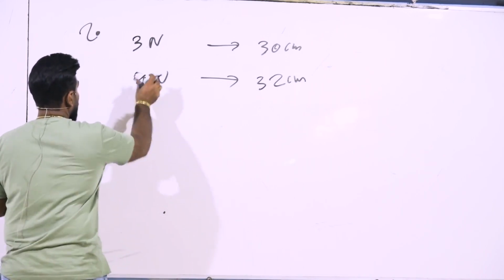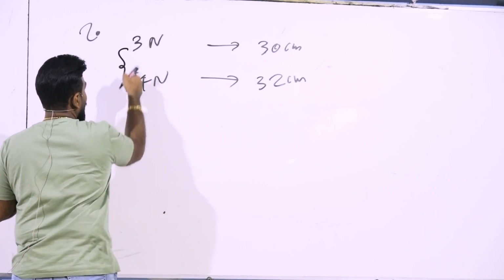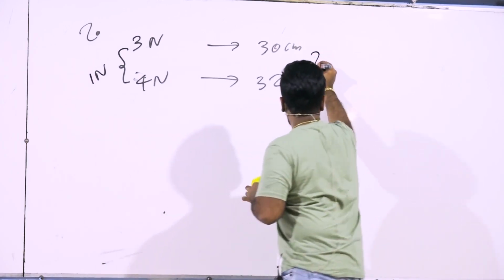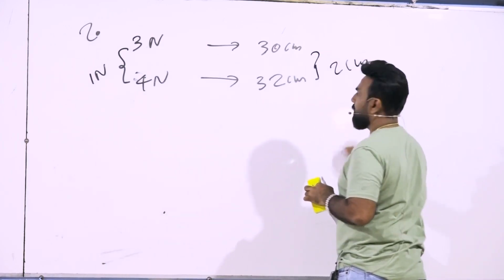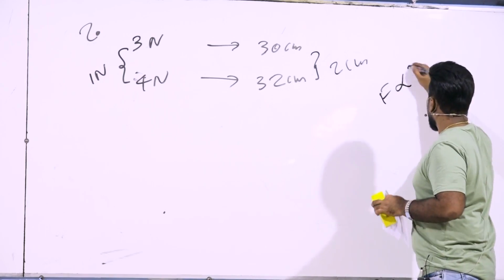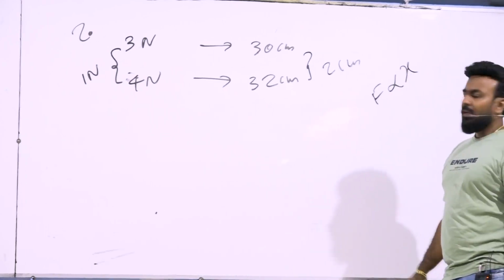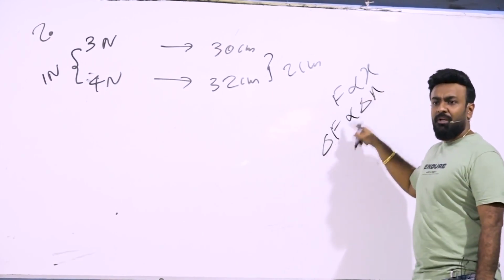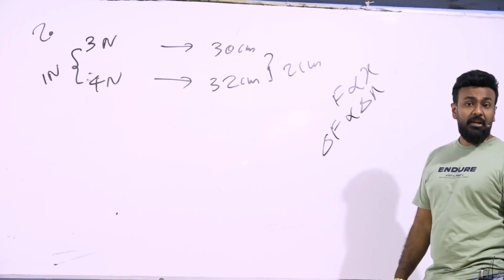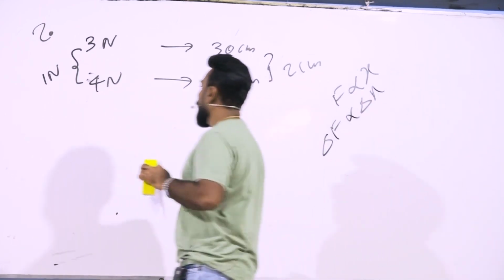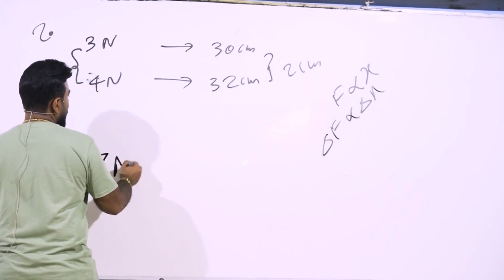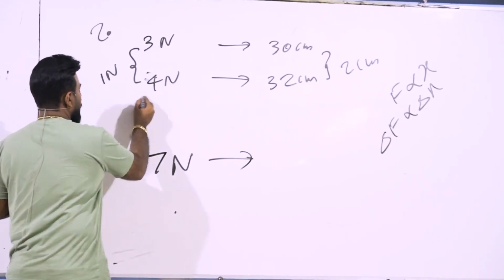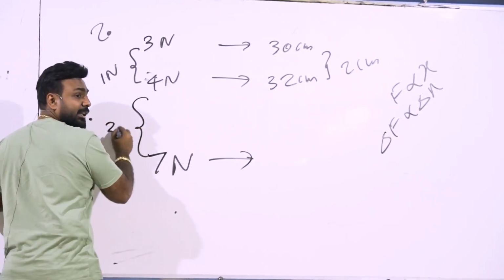Can you see here to here, what is the force increment? 1 Newton. What is the corresponding length increment? 2 centimeter. We know force is proportional to x, so delta F is proportional to delta x. Now from 4 to 7, the force increment is 3 Newton.